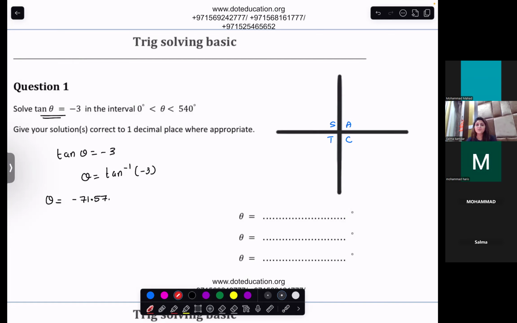First thing I need to do is plot my principal value of theta, that is minus 71.6. If it is negative, do I go in the anti-clockwise direction?